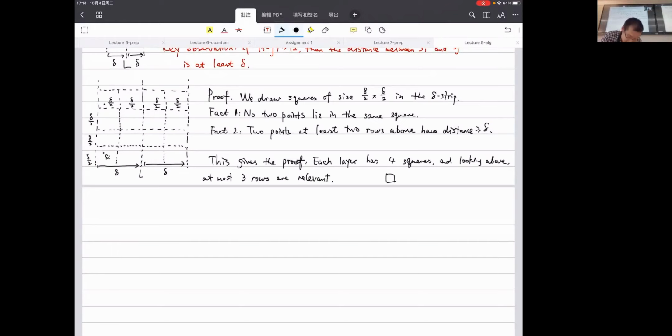For instance, assume that this is your Si here. You only need to consider this box, and all the boxes in this row and this row. For the other squares above that, you know their distance should be at least delta. Because we already know that delta is our answer, you don't need to worry about that. There are at most 12 boxes here, and that is the reason why we have such a key observation.